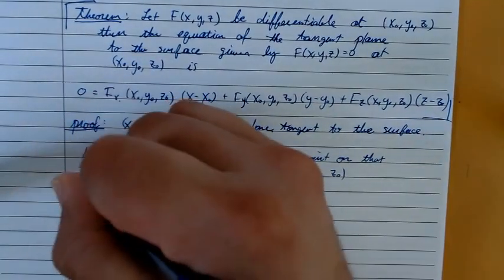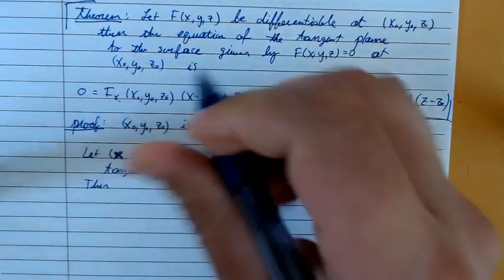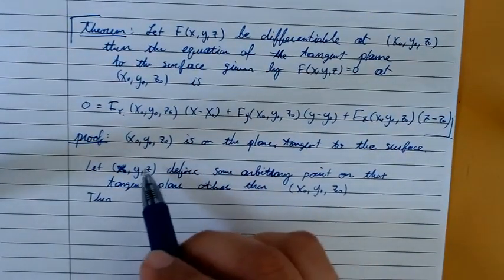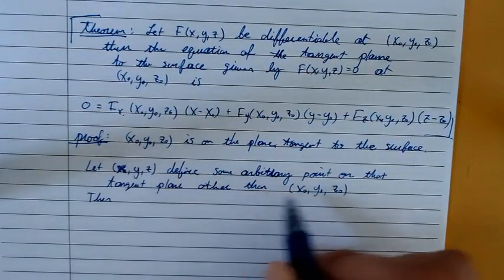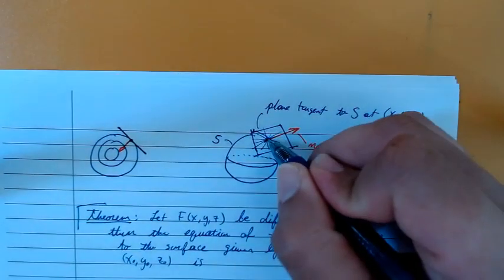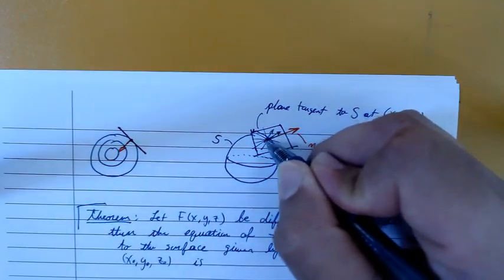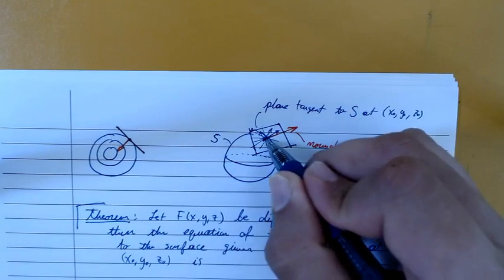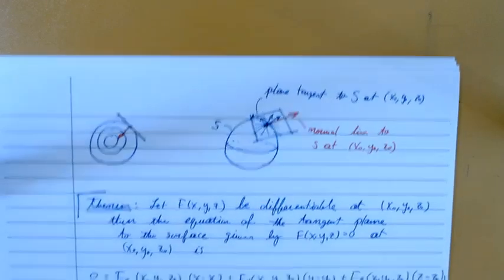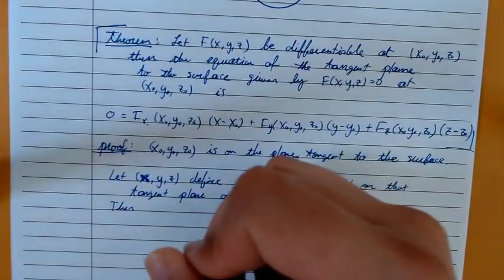Well, then every vector on this plane will be the difference between this arbitrary point and the one point you're sure is on there. Basically, every vector can be written as from here to here, from here to here. It can be written from the point x naught, y naught, z naught to that other point, whatever it might be.